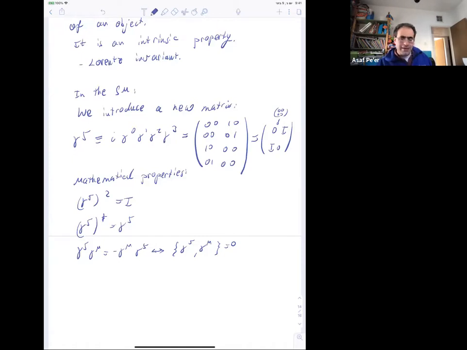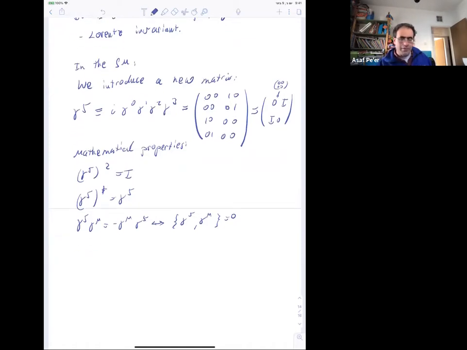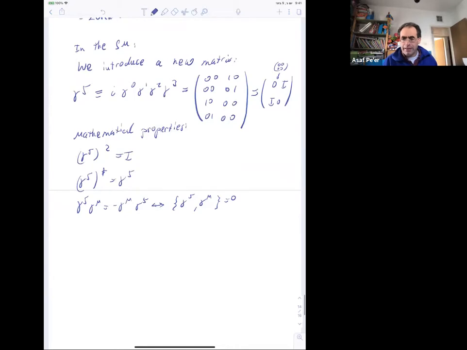Now, the eigenstates of gamma 5 are called left-handed and right-handed chiral states. It's a similar name to the left and right-handed states, which are eigenstates of the helicity, but this is called left and right-handed chiral states.